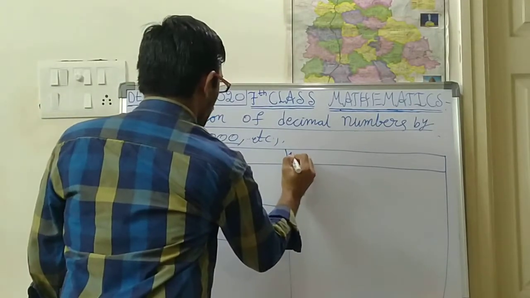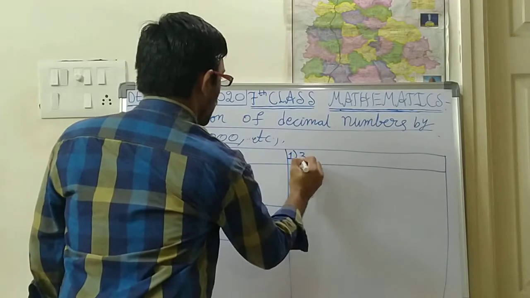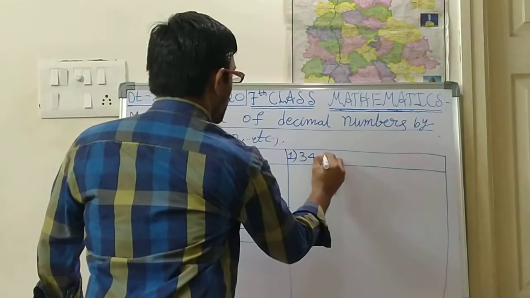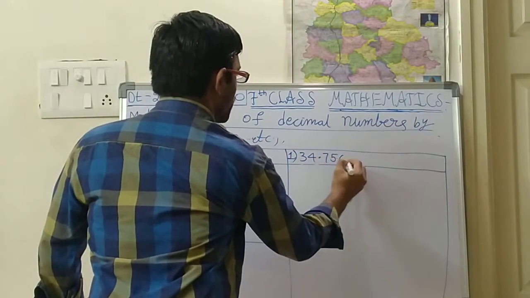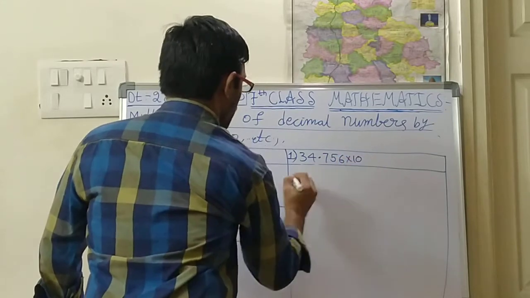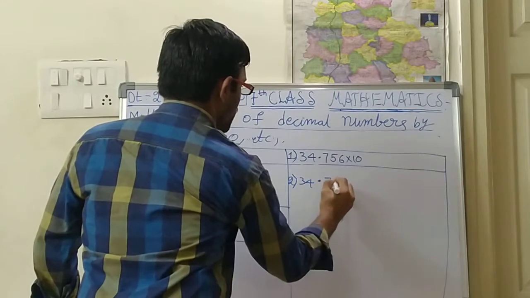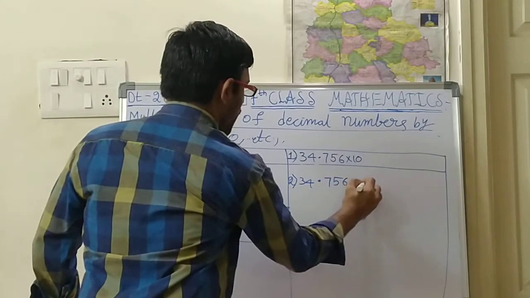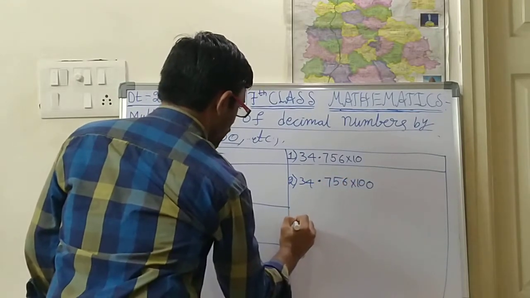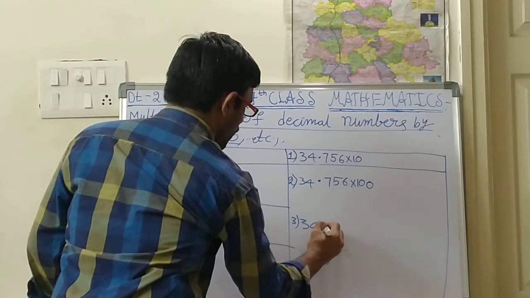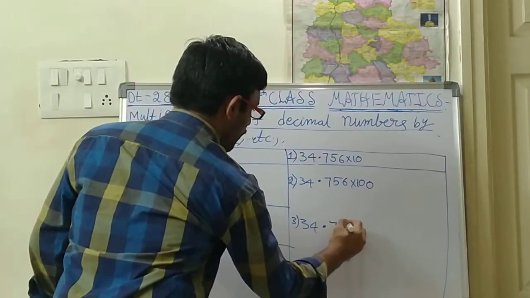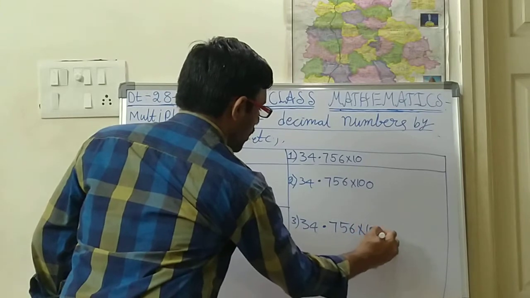First one, 34.756 into 10. Next, 34.756 into 100. Next, third one, 34.756 into 1000.